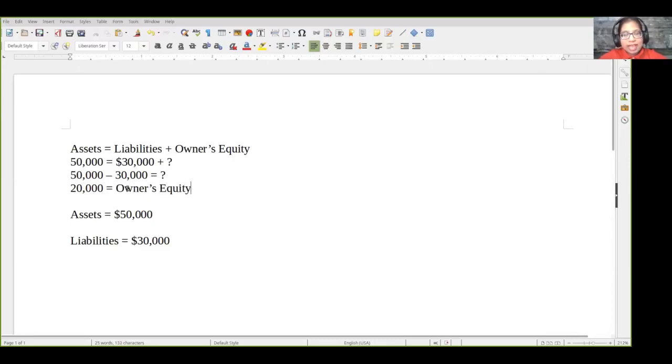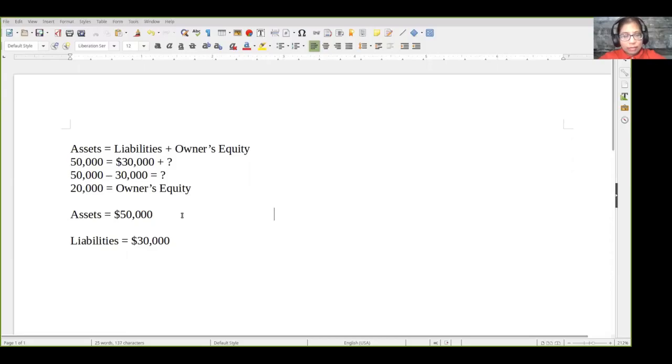Now, just with any mathematical equation, if you were given, for example, assets and owner's equity in another question, and you need to find liabilities, then the same approach will work.